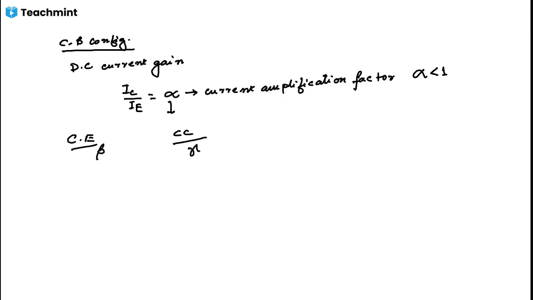From here we can write IC by IE equals alpha, or we can write IC equals alpha into IE.